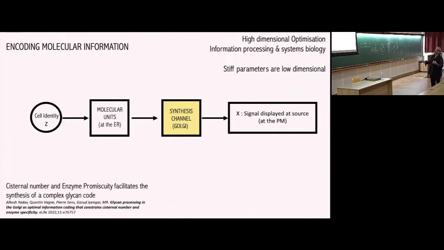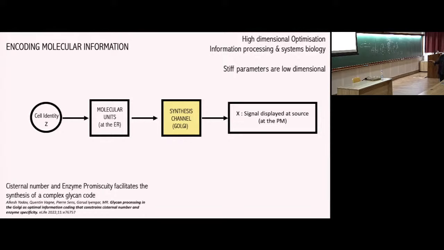Before ending the talk, I just wanted to put this thought in your mind, that a way to look at how to encode molecular information is by the following flow chart. In this particular case, you have a cell with a given identity, let's say skin cells, etc. Let me call that space Z. This is a space of cell type identities.